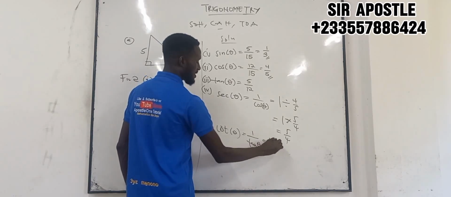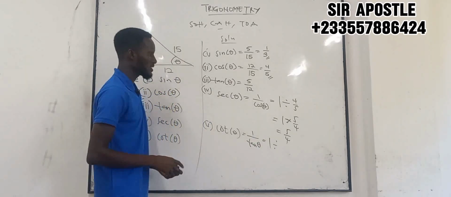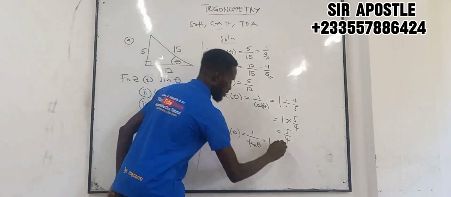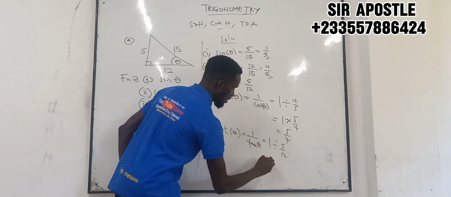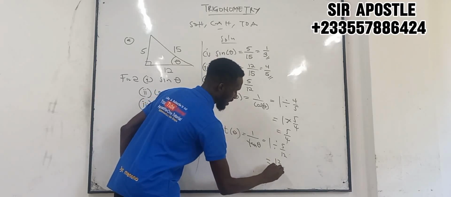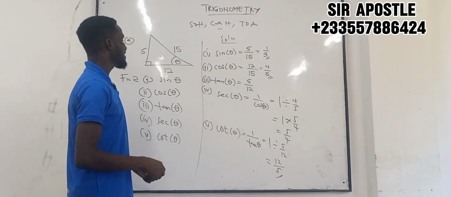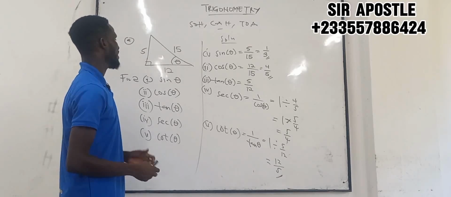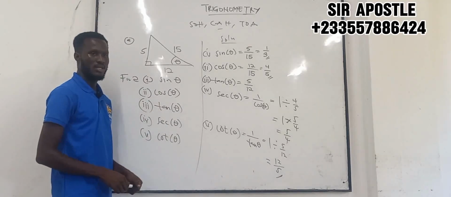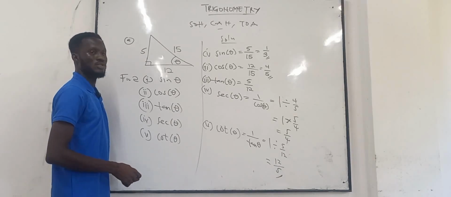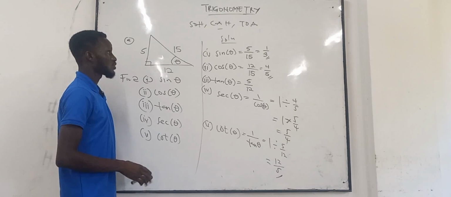So we have 1 divided by tan theta. What is tan theta? Tan theta is 5 out of 12. So we have 1 divided by 5 out of 12, which will give us 12 divided by 5. So this is how we can make use of these trigonometry ratios. Yes, so CAH.